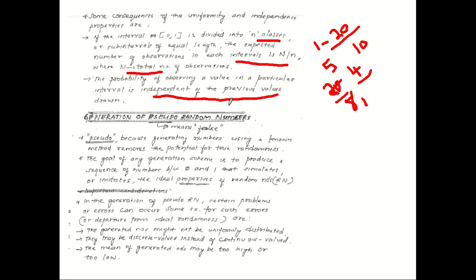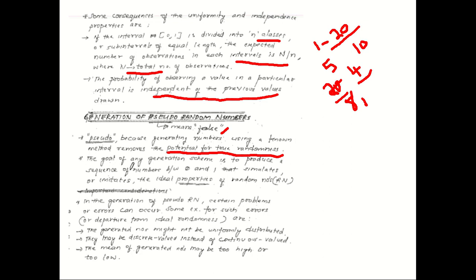So let us define the pseudo random number. Pseudo means false. A pseudo random number, so these random numbers are called pseudo random numbers because we generate random numbers using known techniques. Whatever random numbers are generated using known techniques will remove the potential for randomness, right.